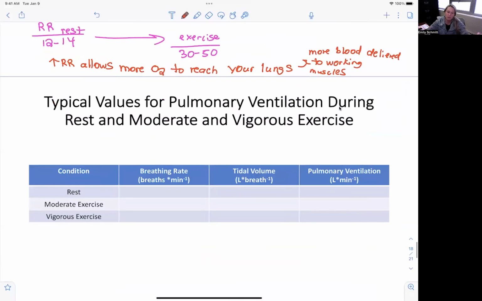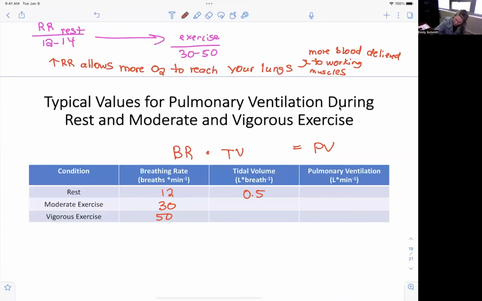Just to review these typical values of ventilation during rest and moderate and vigorous exercise, remember breathing rate times tidal volume will equal pulmonary ventilation. We've discussed that breathing rate at rest is 12 breaths per minute, moderate exercise is about 30 breaths per minute, and vigorous exercise is up to 50.